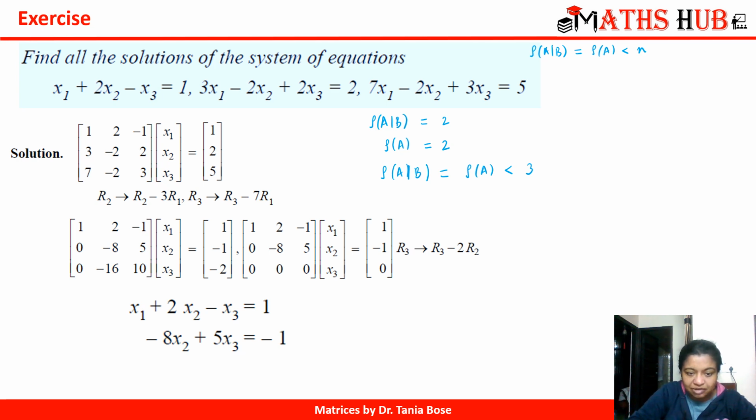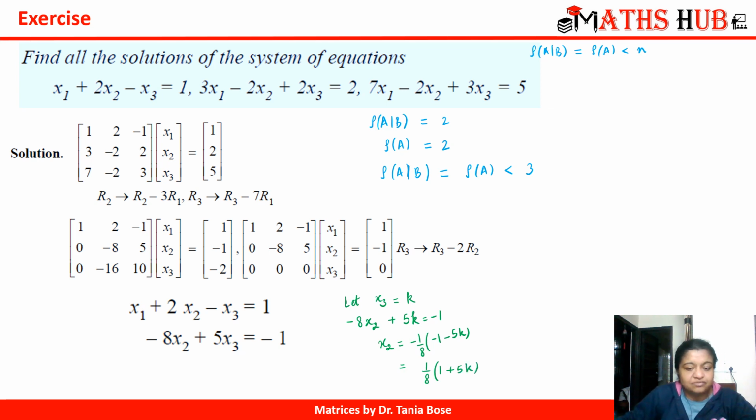So we assume x3 = k. Substituting it here, we get -8x2 + 5k = -1. So x2 = -1/8 times (-1 - 5k), which turns out to be 1/8 times (1 + 5k).